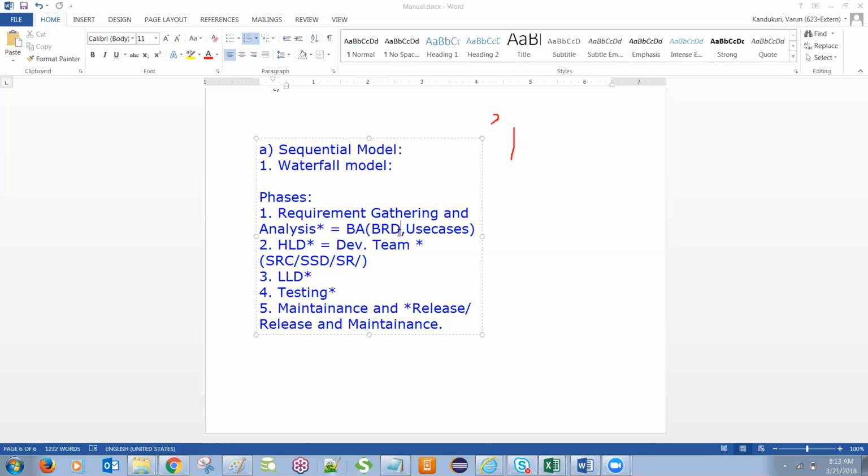In the high level development phase, the dev team will prepare the system specification document. They will follow certain flow charts and algorithms on how the requirement should be analyzed, and they will prepare one document themselves.